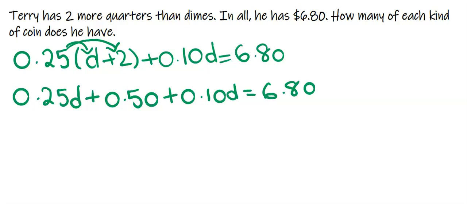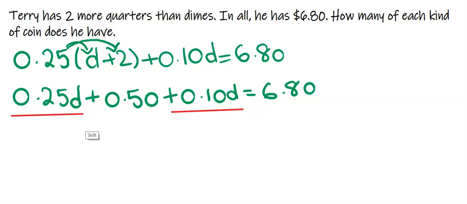Okay, now we have to add or subtract like terms. Right here, 0.25D and positive 0.10D are like terms.